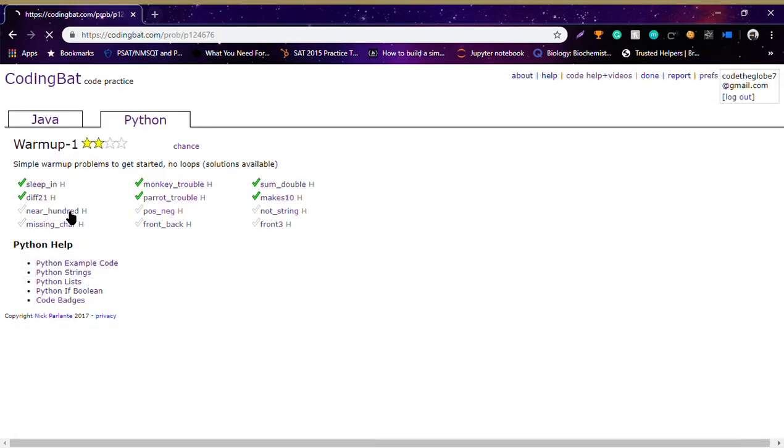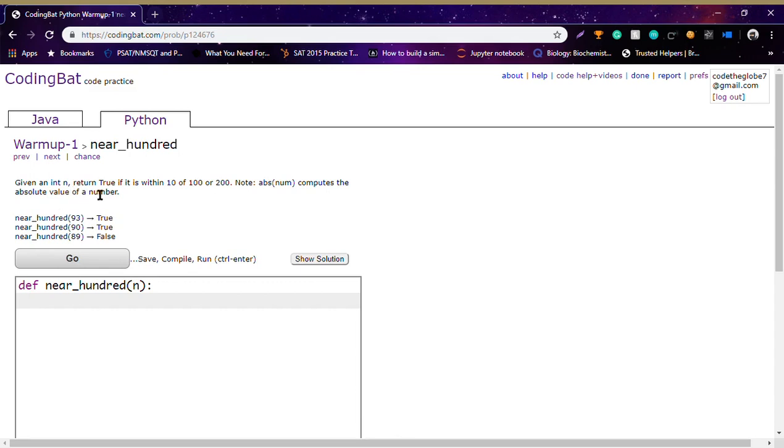Near 100. Given an integer n, return true if it is within 10 of 100 or 200. Note ABS, which stands for absolute value. ABS num computes the absolute value of a number. Okay, so one thing here we need to think about. If we have our number as 110, then that is within 10 of 100 too, except we need to subtract 100.